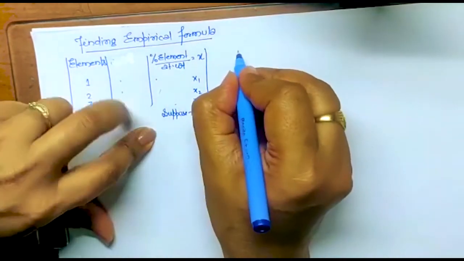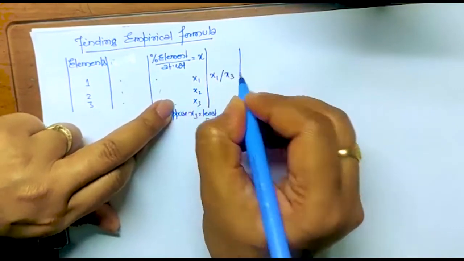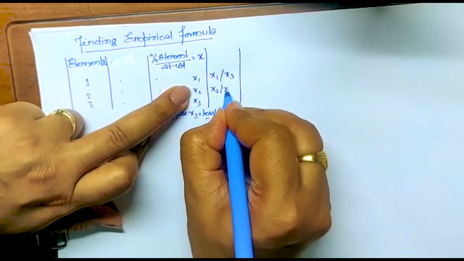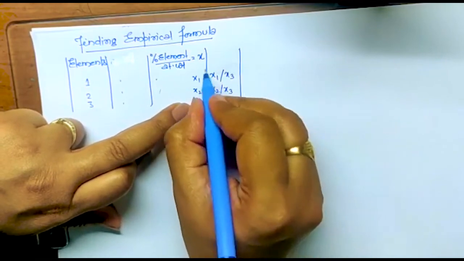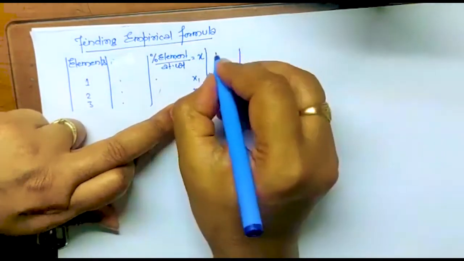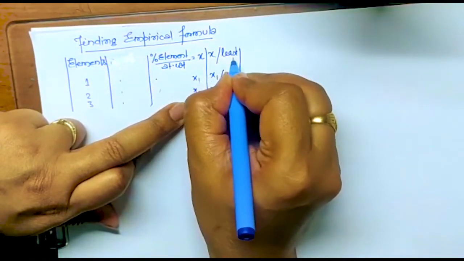So in the next column, what will you do? You will do x1 upon x3, x2 upon x3, and x3 upon x3. Clear? So this column is for x upon least x.